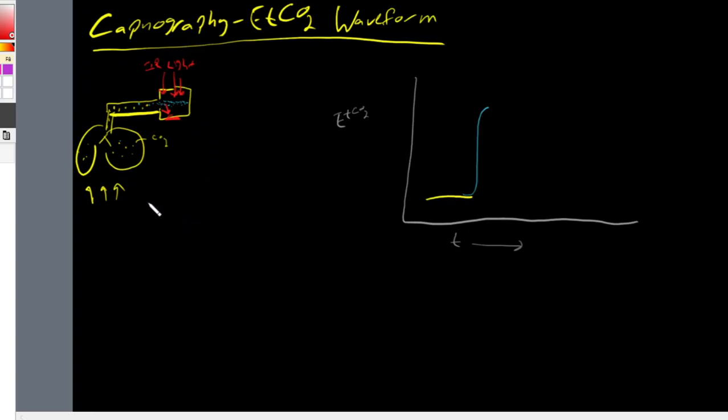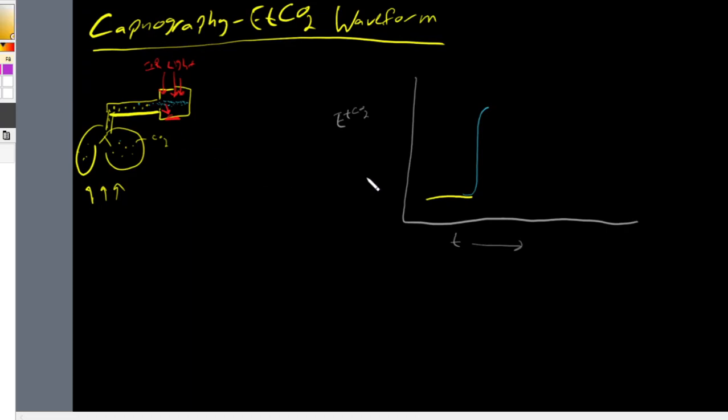So eventually, there becomes a point where the alveolar gas is sampled and the concentration will reach a plateau. You only have so much CO2 in your lungs that can occupy this space and occupy this device. So it's not like you'll see this rise going up forever. You'll eventually hit a plateau point when all that alveolar gas or alveolar CO2 gets exhaled and passes through this chamber.